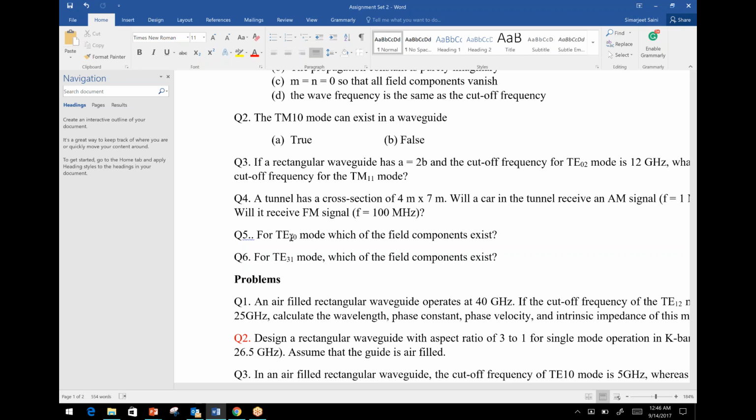So there is going to be an Ey field and an Hx field, but there is no variation in the y direction of the amplitude, so there is not going to be any Ex field or Hy field. There are only three field components present here.